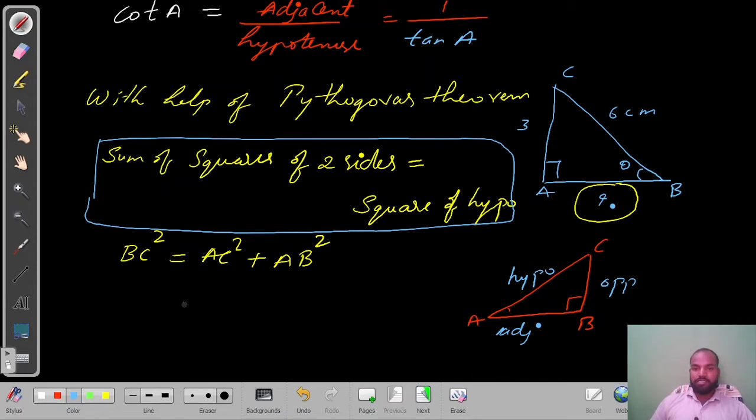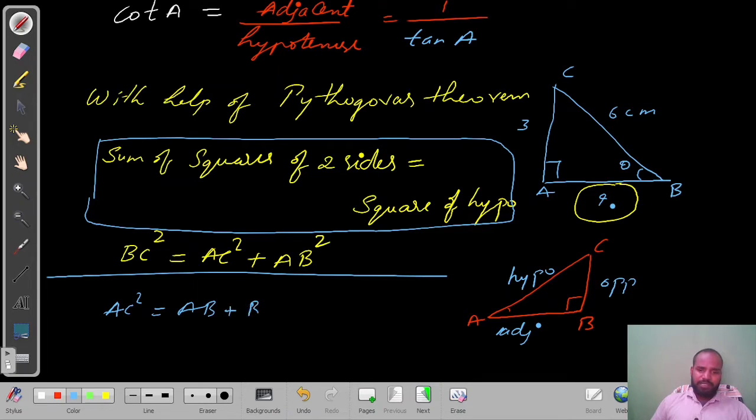Now in the triangle ABC, according to the Pythagoras theorem, AC square equals AB square plus BC square. Yes, it is right. So AB square plus BC square is equal to hypotenuse square.